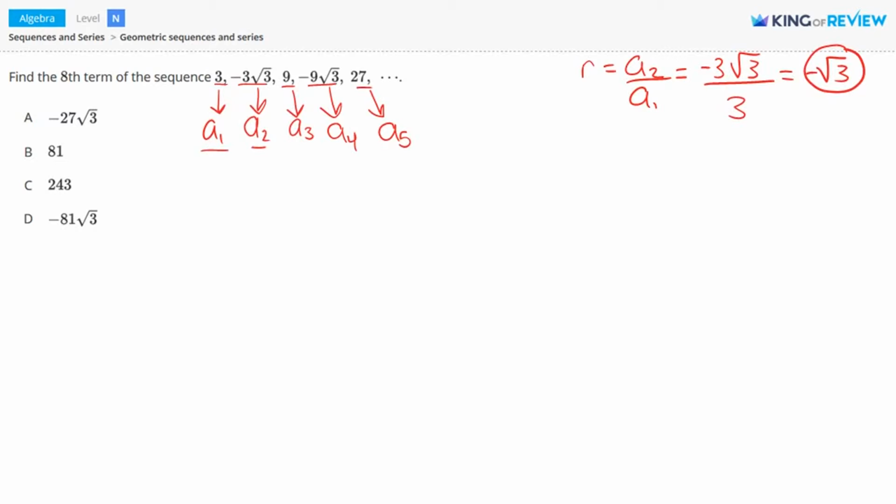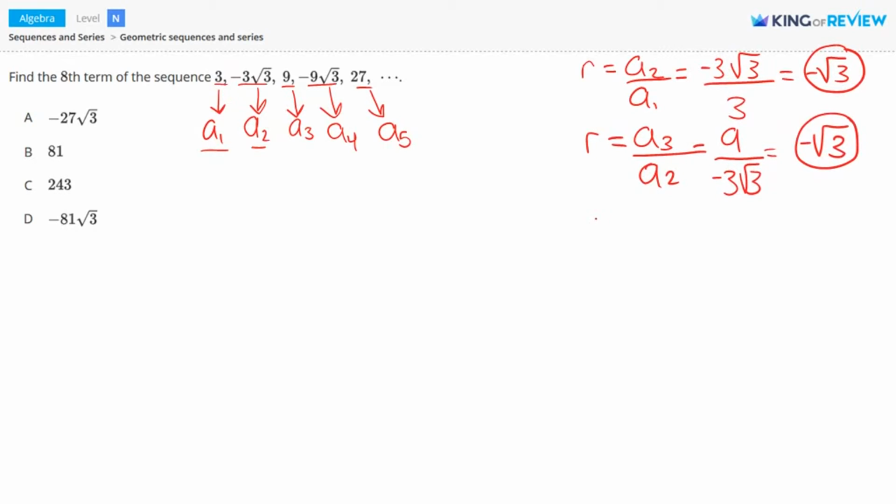Now let's try another set. If we have A3 compared to its previous term, which is A2, we have 9 over negative 3 square root 3, and this equals negative square root 3. So we're getting a common ratio here.